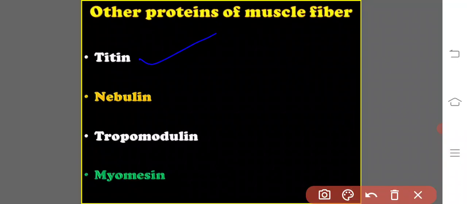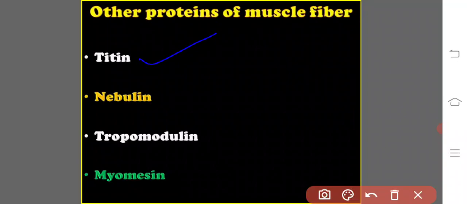Each titin molecule connects a Z disc to the M line of the sarcomere, thereby helping stabilize the position of the thick filament. The part of the titin molecule that extends from the Z disc is very elastic because it can stretch to at least 4 times its resting length and then spring back unharmed.